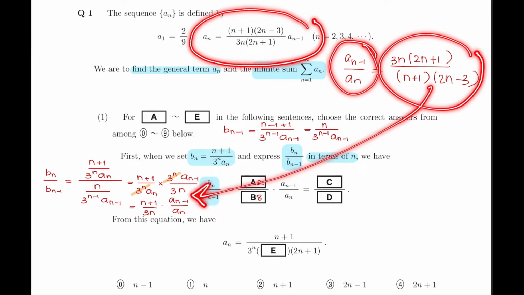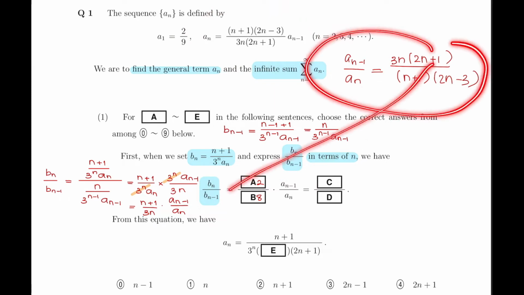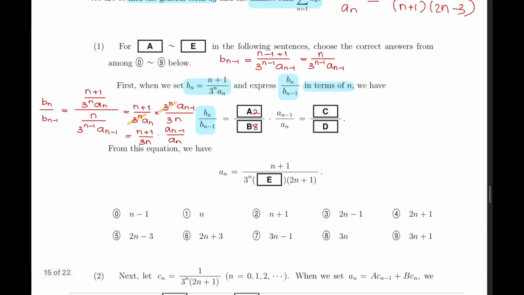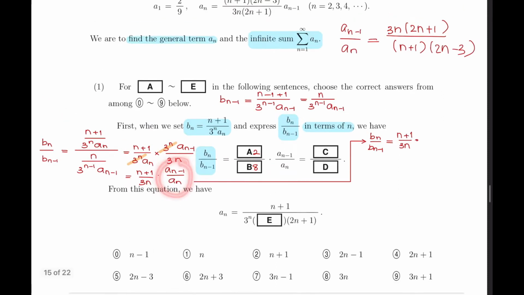Then substitute it into our expression. By substituting this into that, I get bn over b(n minus 1) equals (n plus 1) over 3n times a(n minus 1) over an, which is this, times 3n(2n plus 1) over (n plus 1)(2n minus 3).